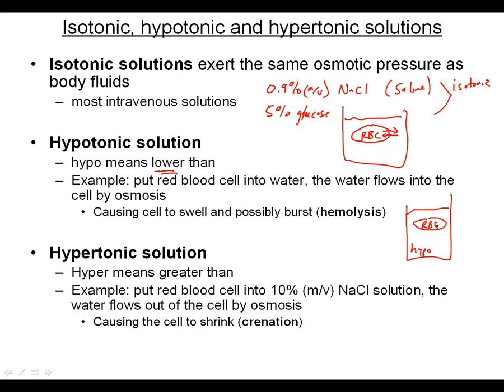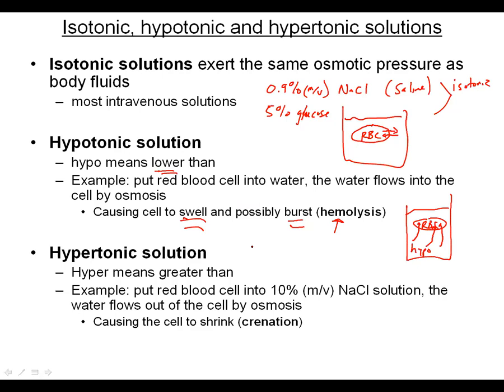And osmosis is going to say, all this water from outside needs to rush into the cell in an effort to dilute it down. That causes the cell to swell and perhaps burst, which is probably not a great thing. That is what is known as hemolysis. Because the outside is less in terms of osmotic pressure and the inside is greater, you have that flow from the solution outside into the inside of the cell, causing it to swell.